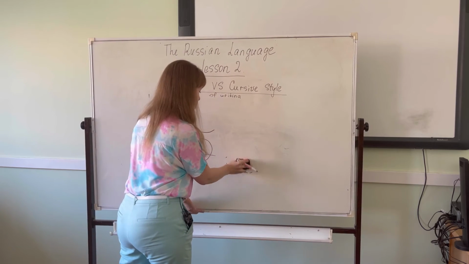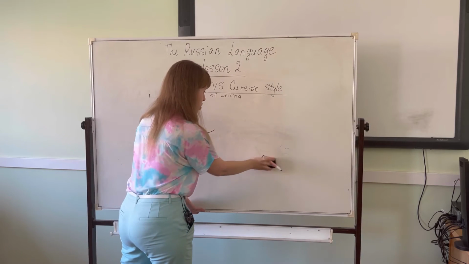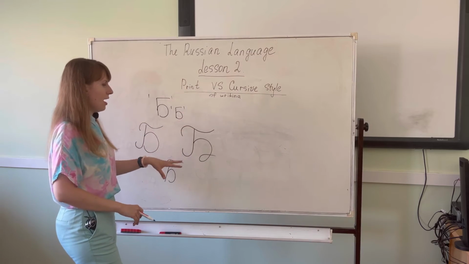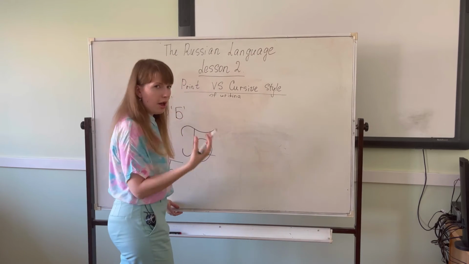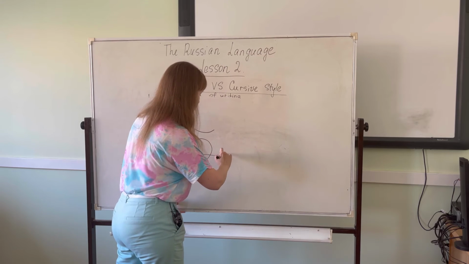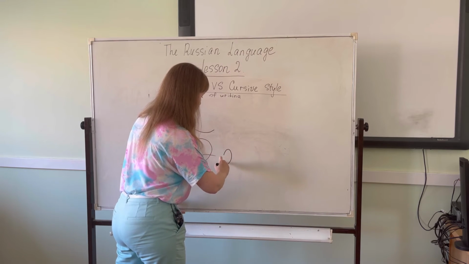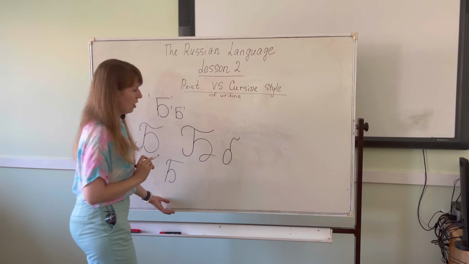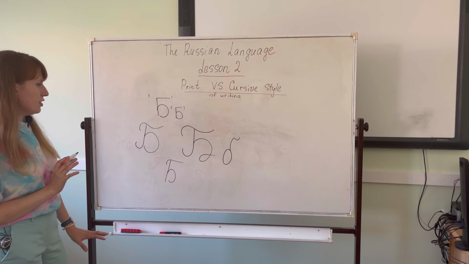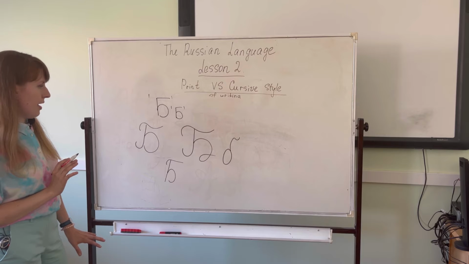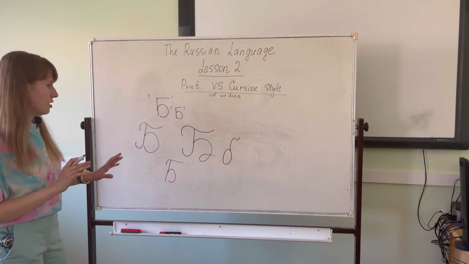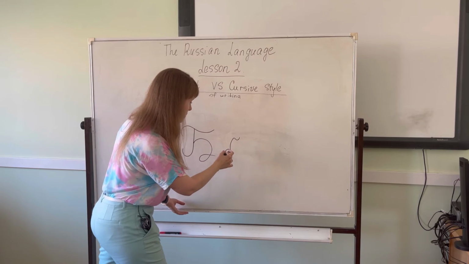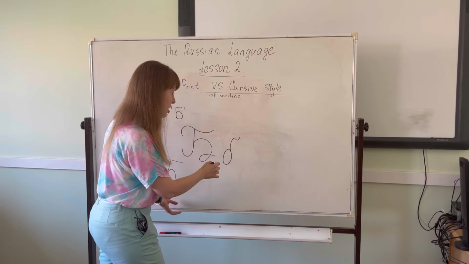Okay, and as for the small cursive Russian B, I showed it in the previous lesson, but now I will differentiate everything. Together with the uppercase Russian B, I will show you the lowercase Russian cursive B. It is like this, pretty similar to a kind of an English D maybe, but without the trail off to the right side. So the tail is rather different.